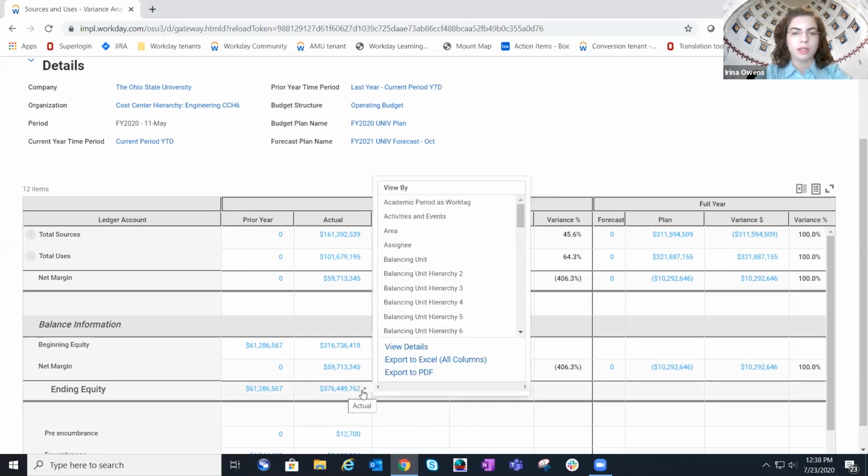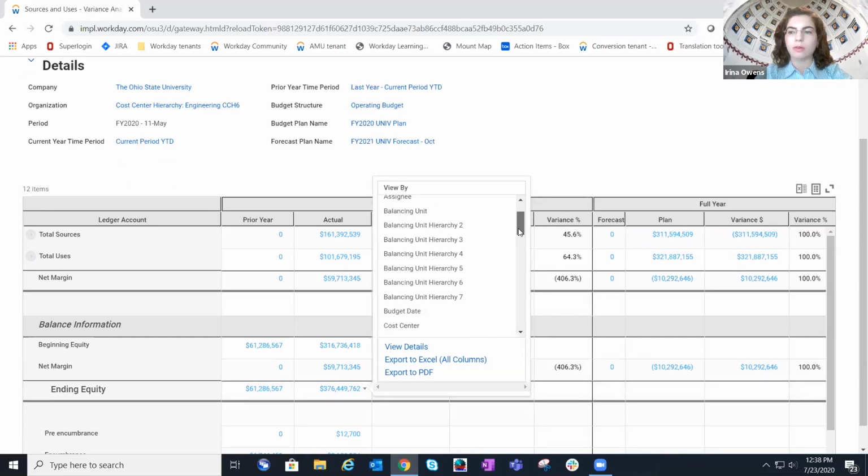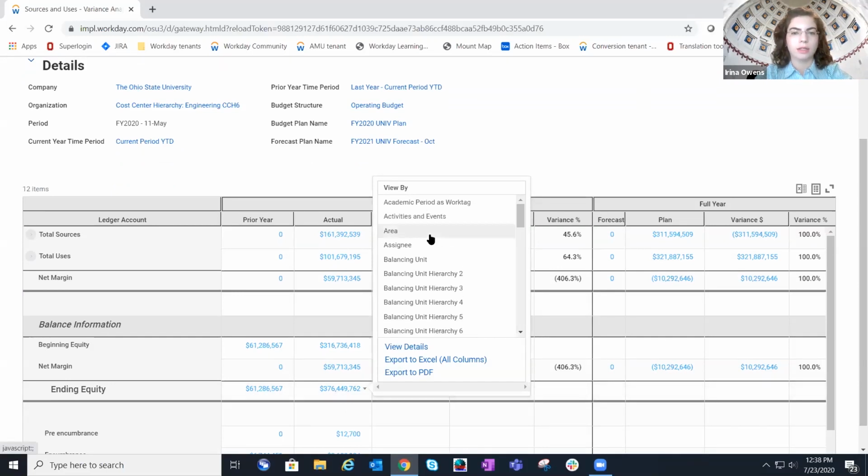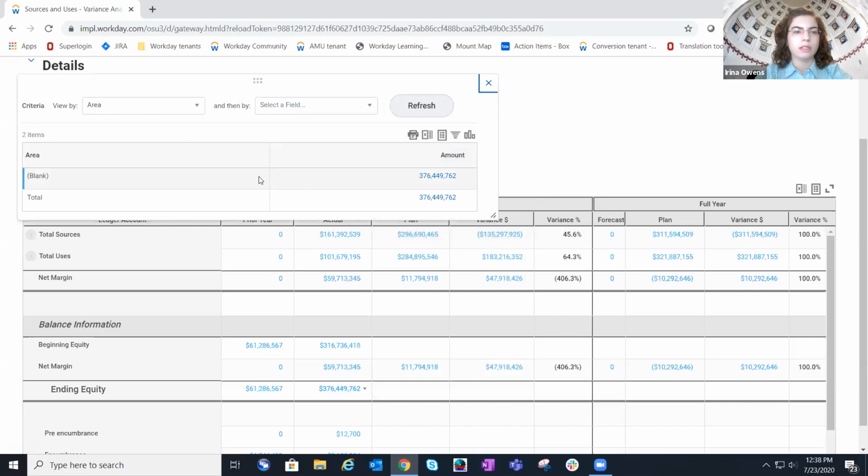Again, as I hover by the number, the arrow showed up and I clicked into it. So now I'm going to pivot by area work tag. As you can see, it's blank here. There are no values showing up because area is not a carry forward work tag.